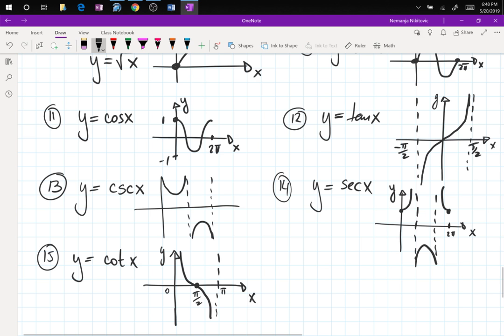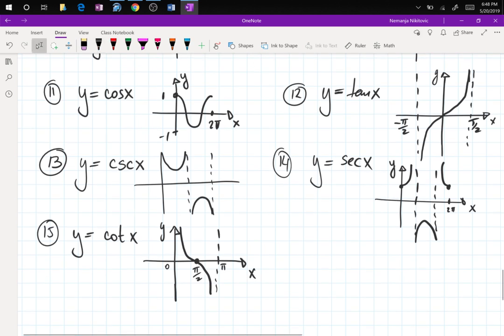I thought it was going to look like y equals 1 over x. It can. Sure, yes. 1 over x does not cross the x-axis, but it resembles it.